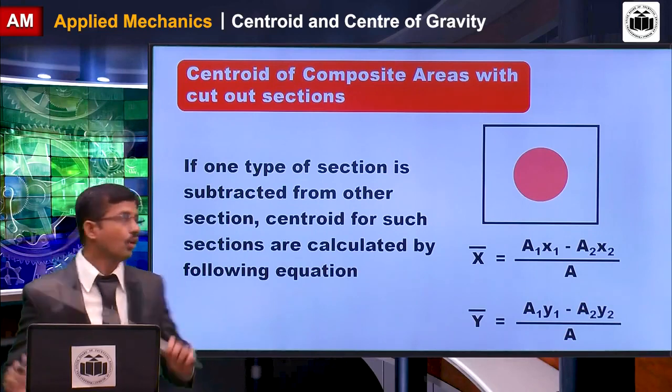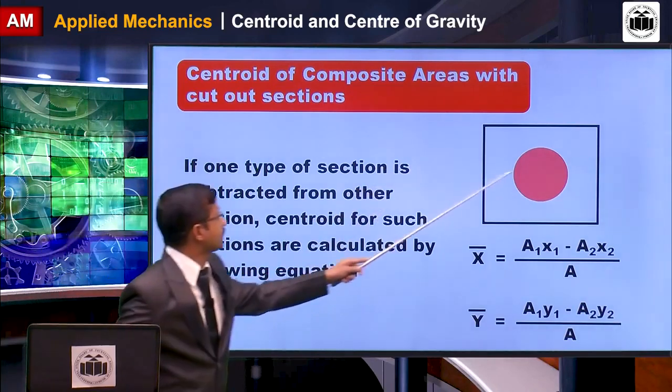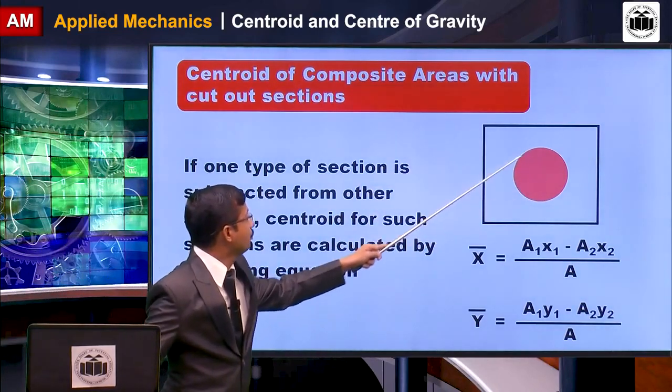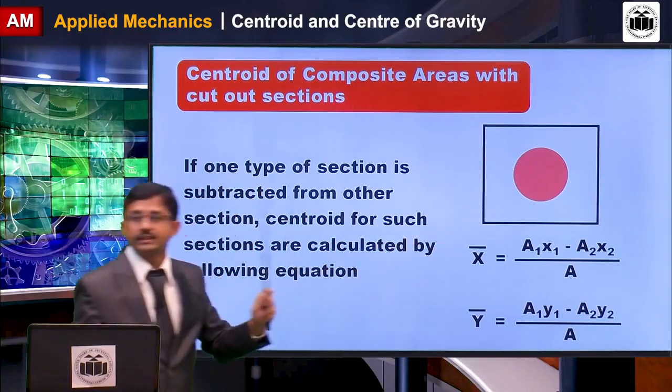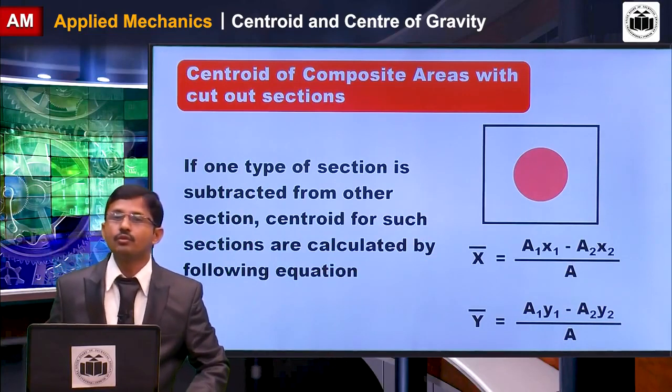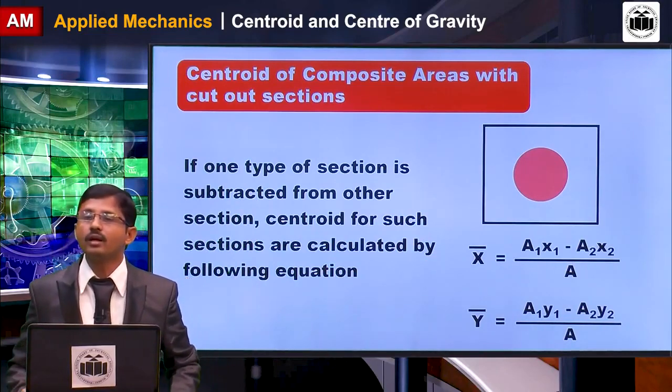Here you have to remember that you subtract the area of this circle from the rectangle, so the second term in the equation should be negative.